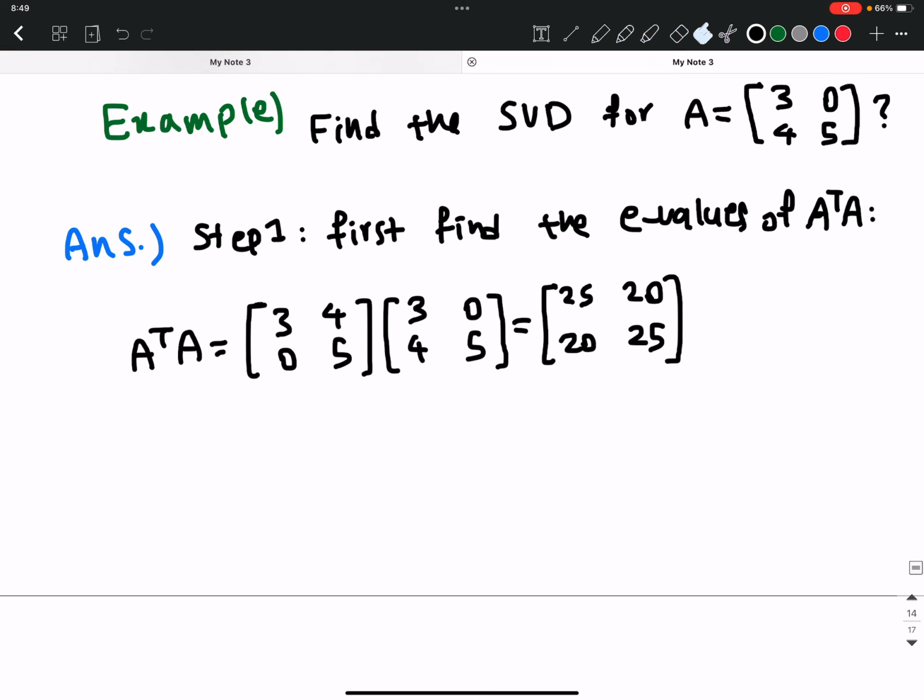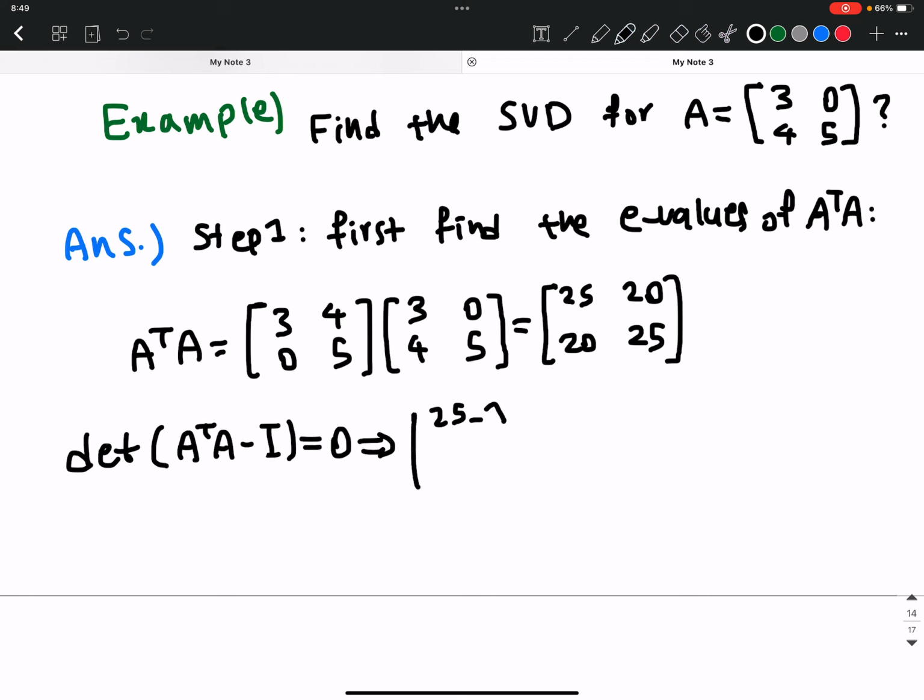Now I want to find the eigenvalues of this, so I need to calculate the determinant of A transpose A minus lambda times the identity matrix, set to 0. So let's solve that. We'll get 25 minus lambda, 20, 20, 25 minus lambda.